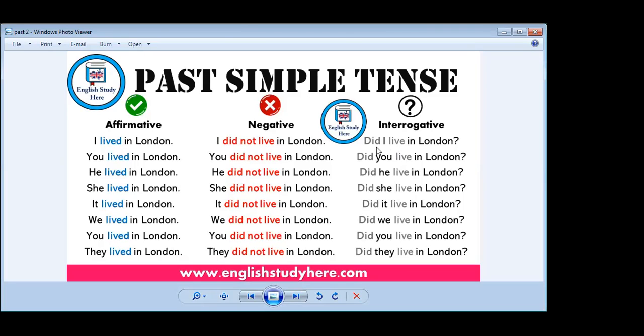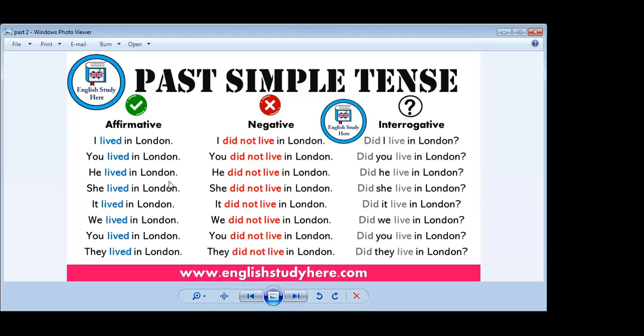In the past tense, you have to start with did, subject, verb infinitive. Did I live in London? And don't forget the question mark. Did I live, verb infinitive, in London? So we use the infinitive verb because we have did, okay, student?